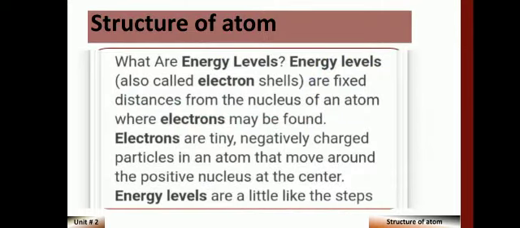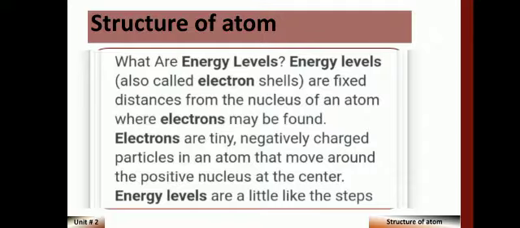Structure of atom. What are energy levels? As we discussed previously, electrons circulate, revolving around the nucleus in a fixed path known as an energy level or electron shell. So electron shells are fixed distances from the nucleus of an atom where electrons may be found.